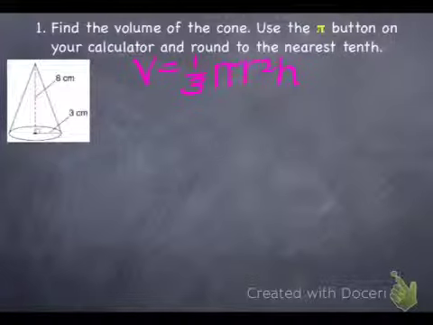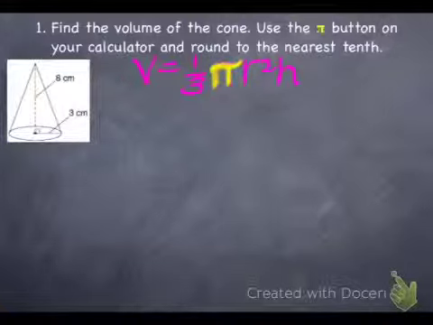So the formula is pi r squared h divided by 3, or 1/3 pi r squared h. And I want you to really watch yourself, and we want to do pi at the very end, so that's the last thing that we're rounding.